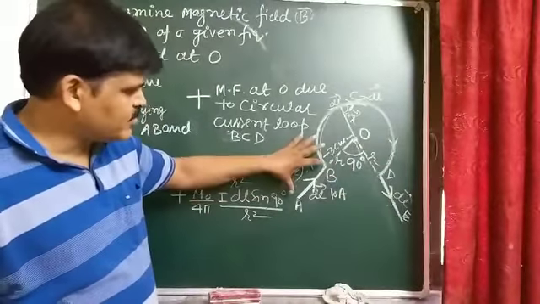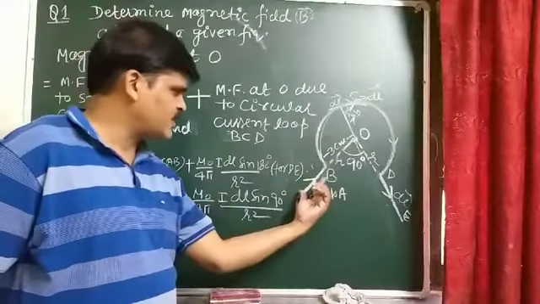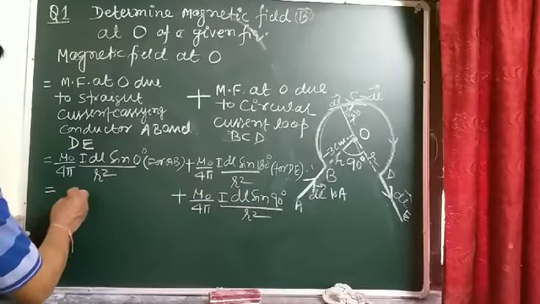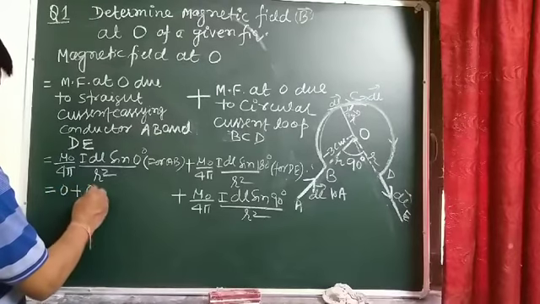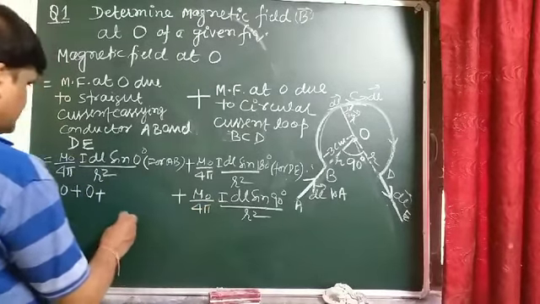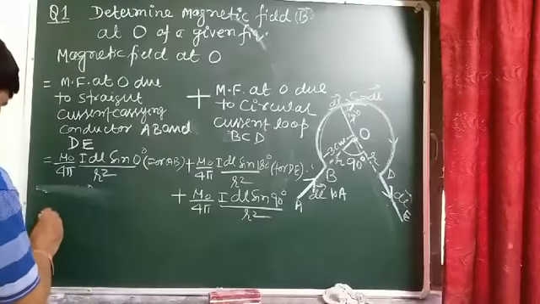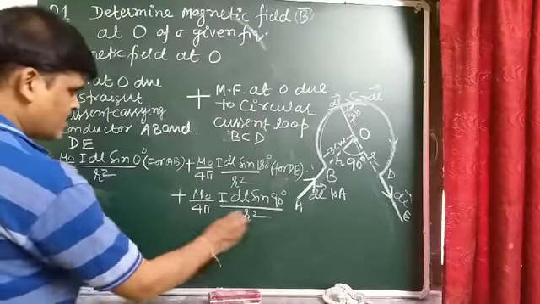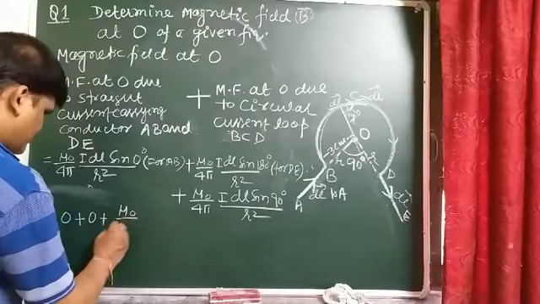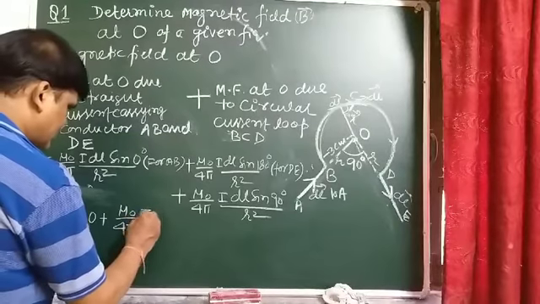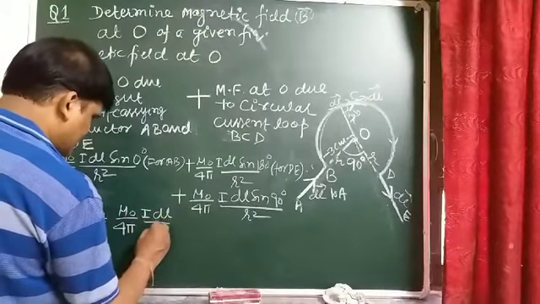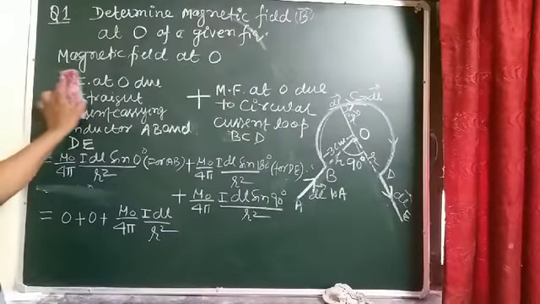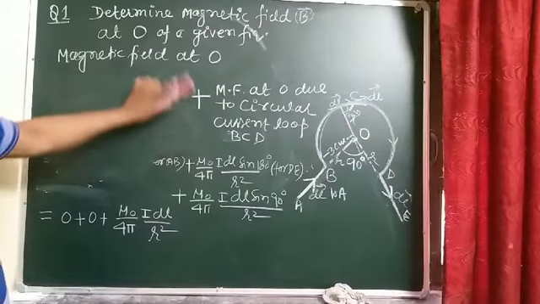So there will be no contribution of magnetic field at O due to the straight conductors AB and DE. So it can be written in this way: 0 plus 0 plus mu naught by 4 pi I dl by r square. And student, note down. Now I am going to solve the rest part of the question.